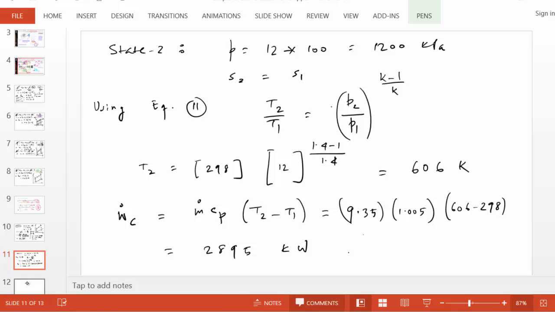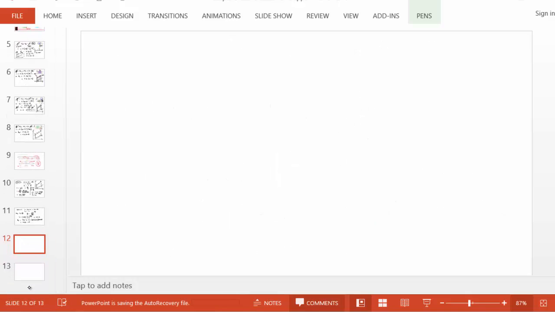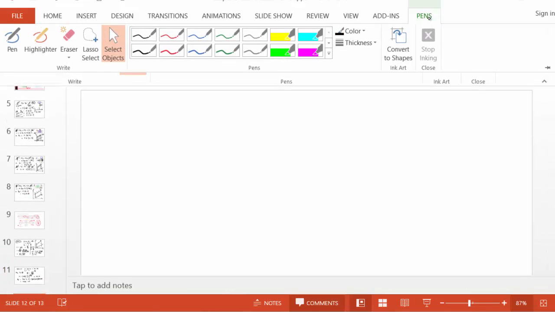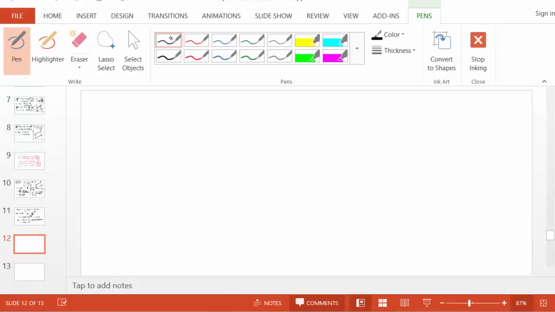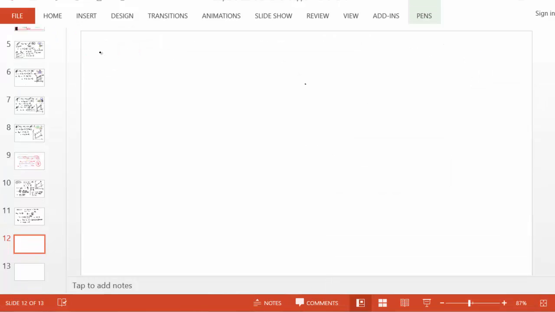Okay, let's move on. The next step is finding state 3. For state 3, we know it's a constant pressure heat addition.